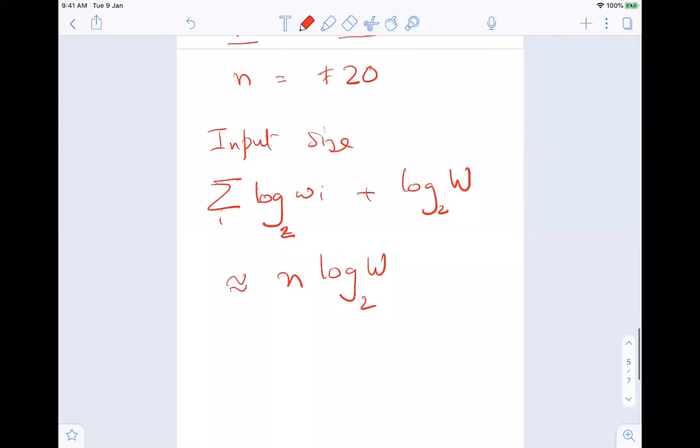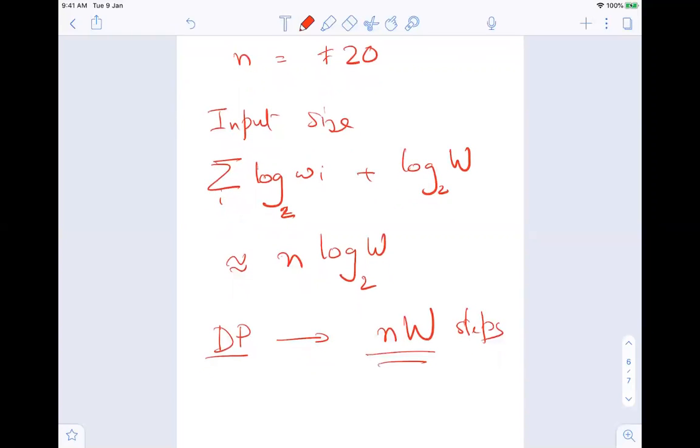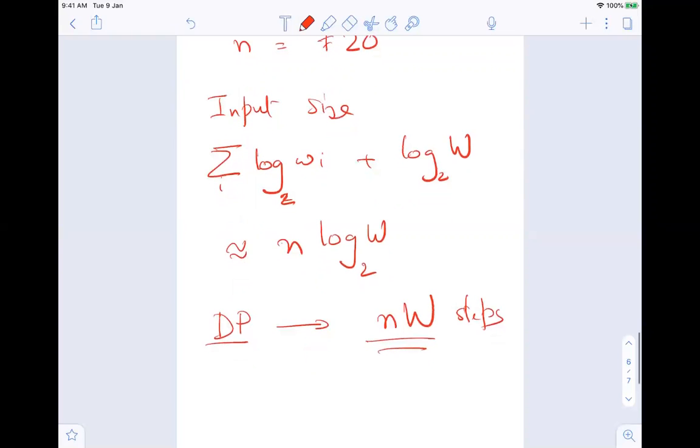So in dynamic programming, if you have an algorithm that takes nW steps, it is actually not polynomial in the input size. Why?